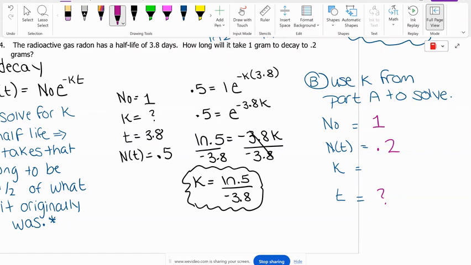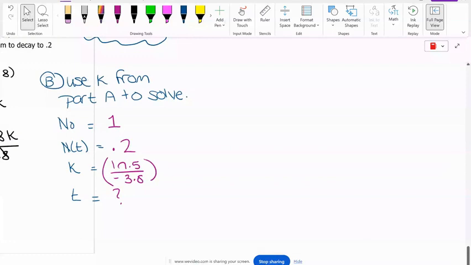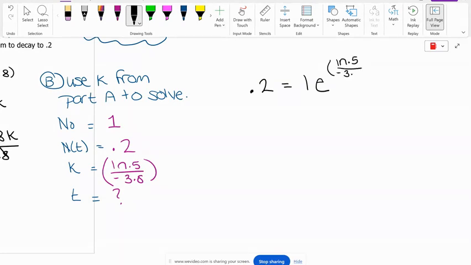And now, do we know the K for this problem? Yes, we just found it. So it's going to be ln of 0.5 over negative 3.8. And we're going to plug all of this into our formula now. So our 0.2 is equal to 1 times E raised to the ln of 0.5 over negative 3.8. Oh, sorry, this should be a negative K, right?